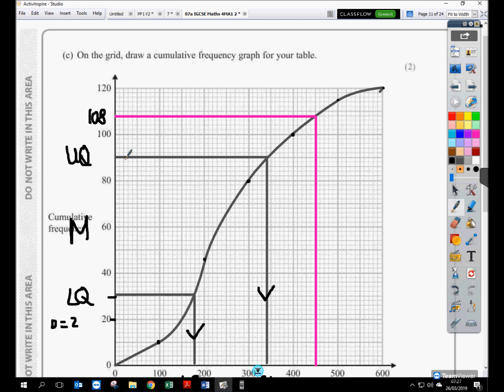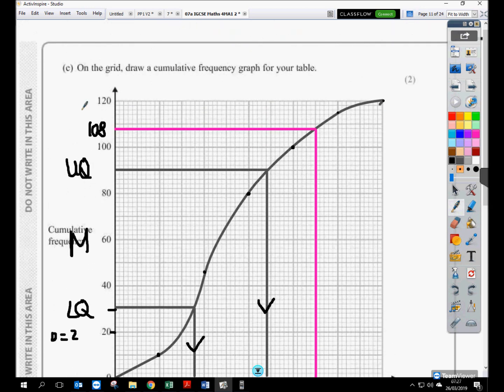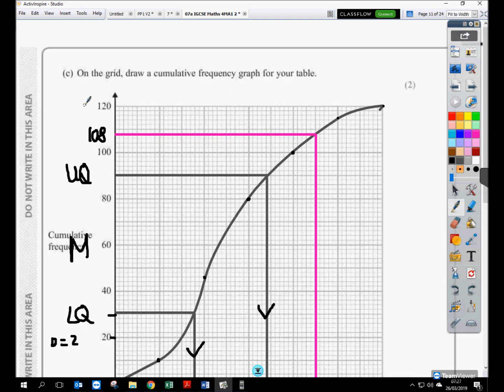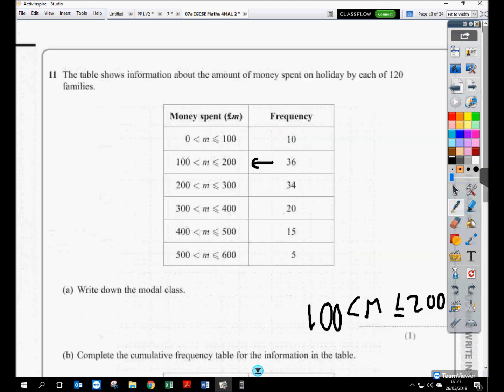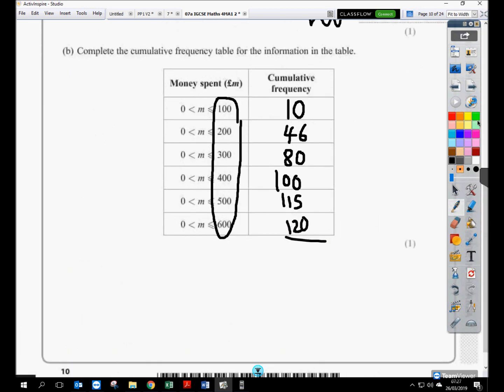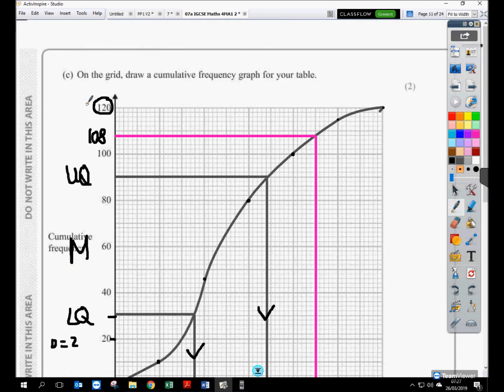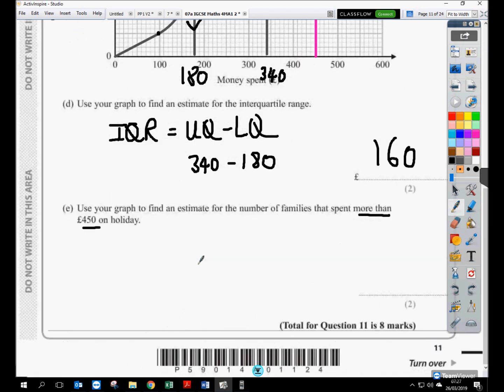The question is, how many families spent more than £450 on holiday? We know there's 120 families altogether, because the cumulative frequency goes up to 120. And there are 12 above that, so 108 up to 120 is 12 families. So 12, that's fine.